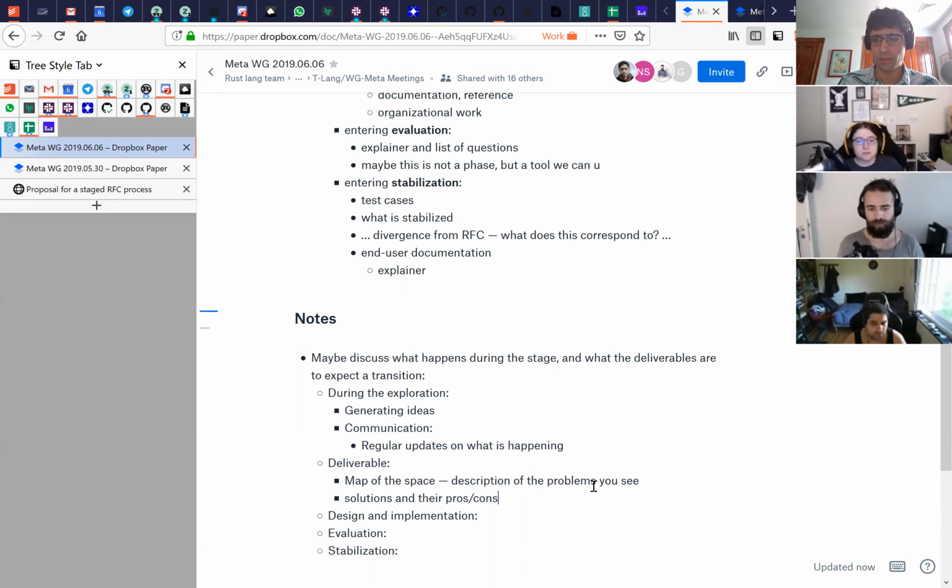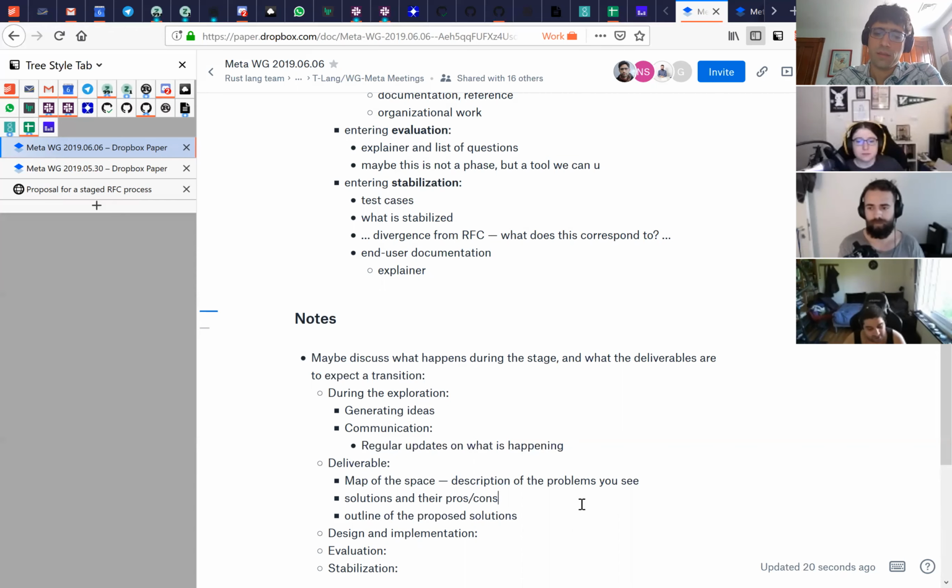I don't know. Right. I mean, we already do this, I think, just in a less standalone way. I think we do it in the best RFCs. We do it well, and in other RFCs we do it less well. It's sort of the alternatives section of an RFC, for example, but we don't do it as a separated step.